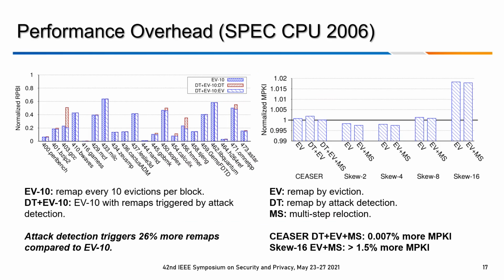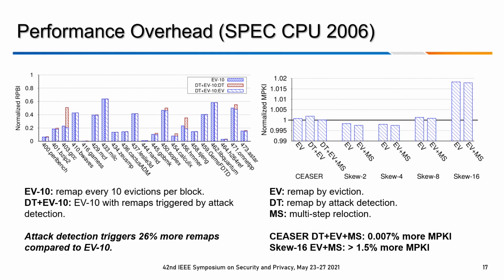Alright, now let's have a look at the overall performance. The graph on the left shows the number of remaps triggered by periodic remap and attack detection. It shows that applying attack detection leads to 26% extra remaps, but this cost can be efficiently alleviated by the multi-step relocation.